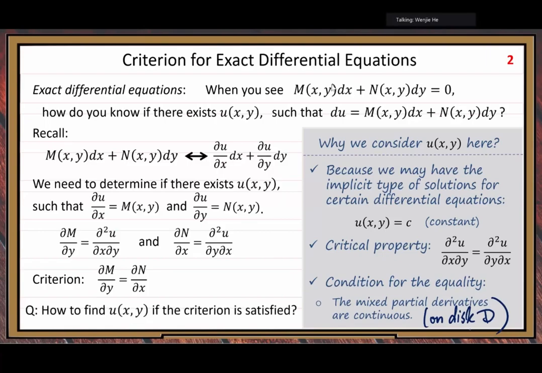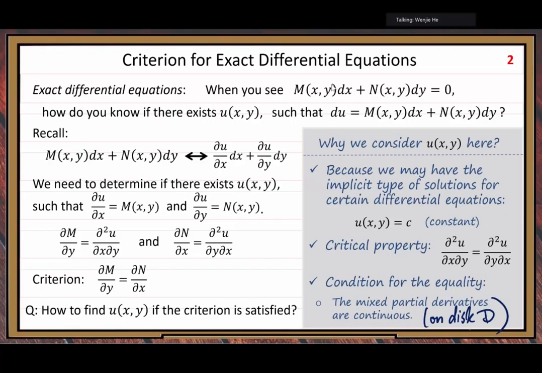Next question. Suppose this equality holds, how do you find the U function? Antiderivative. Think about partial U over partial X equals this function, which is known, given.